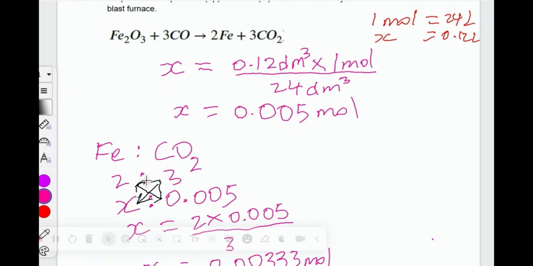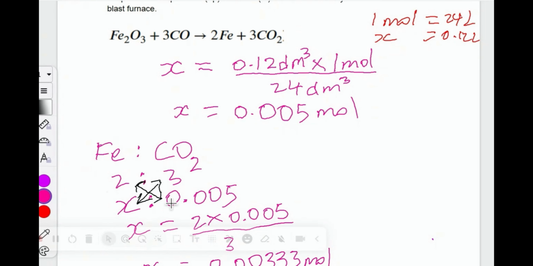So that's a ratio of 2 to 3. Now we know that 0.05 moles of carbon dioxide was produced. If that number of moles of carbon dioxide was produced, how many moles of iron would comparatively be produced? Since the ratio is 2 to 3, then X would be produced when 0.05 moles is produced.